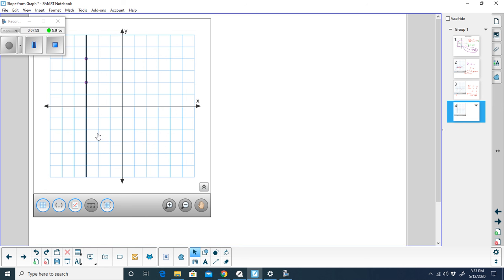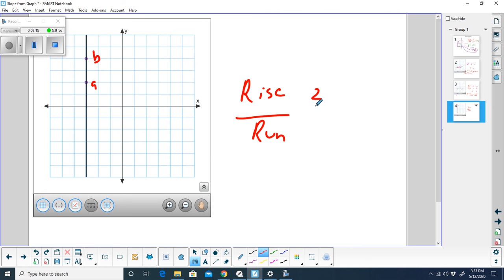All right. So once again, if you think in terms of rise and run, what do we have here? Well, if I call this point A and this point B, to go from A to B, my rise is up 2, and my run, well, I'm not going left or right at all, so my run is 0.